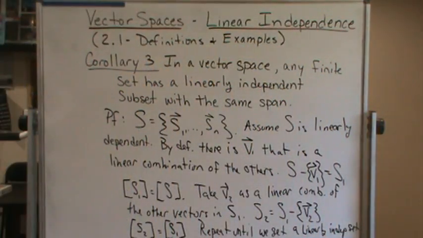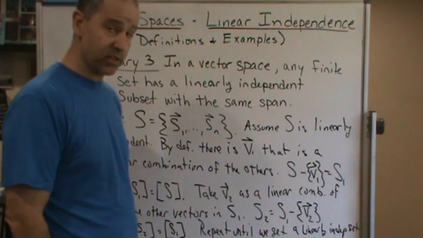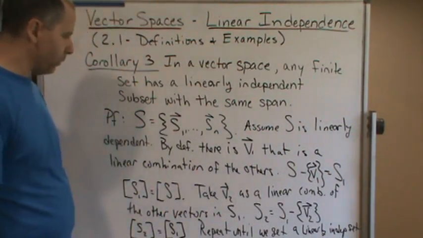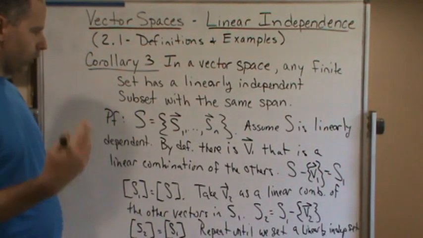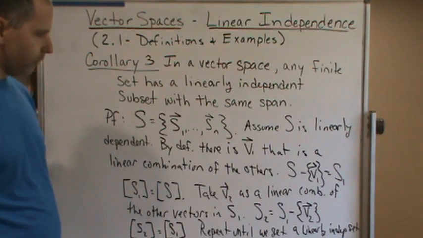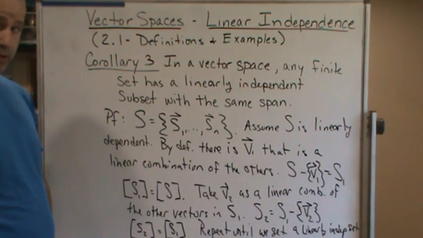That's the proof, right? If S is linearly independent, we're done. Otherwise, there exists a vector V1 that is a linear combination of the other vectors.